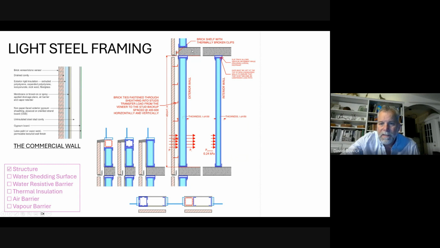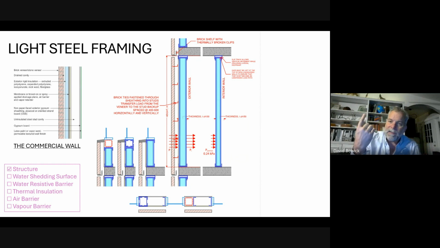Look at this detail up at the top. This is called a slip track. So with a stud wall, we have a track, top and bottom, the studs in between. The studs are screwed to the tracks. That's your standard construction. In a non-load bearing application, we have a slip track, and a track, and they're not connected.